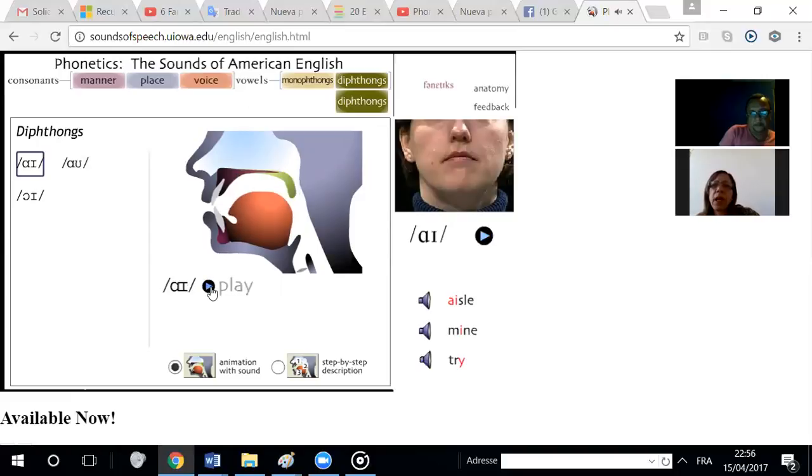I, I, I. Try to read the word without listening to the recording. Isle, aisle. The last E is not pronounced.